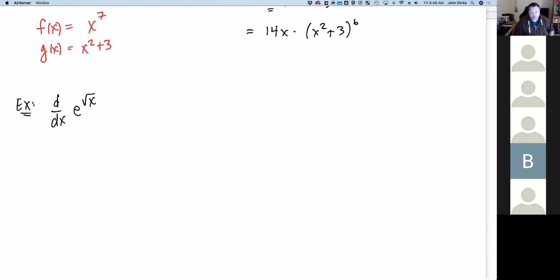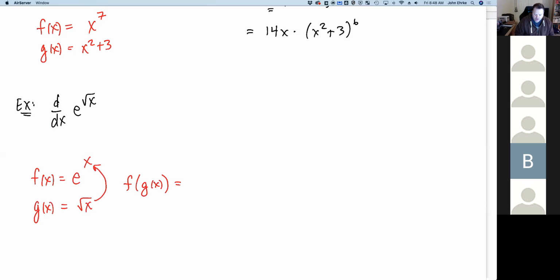All right, if I think about that function for just a second, there's definitely a composition here. The outer function is e to the x. And g of x, the square root function, is what's being plugged into that. So the way that you get this function is by taking f and plugging in g.